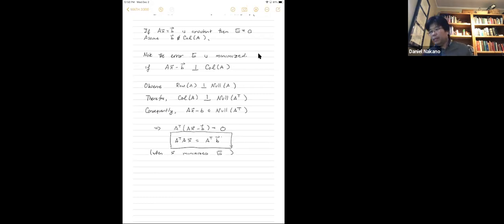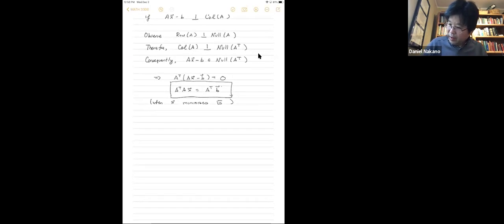Okay, all right, so now what I want to do is somehow invert A transpose A. I want to find conditions for when I can take A transpose A and invert it. So let's go over this for a second. Let's say A is an M by N matrix.